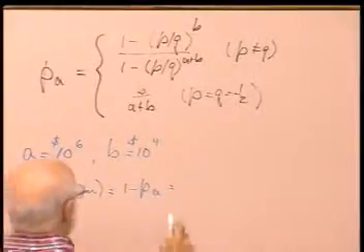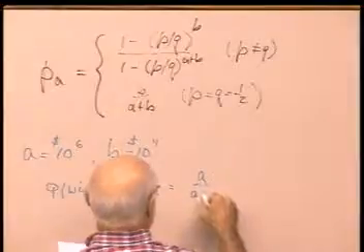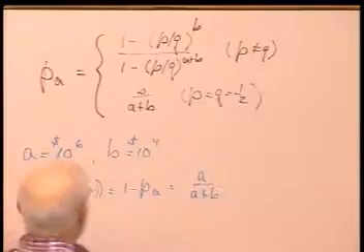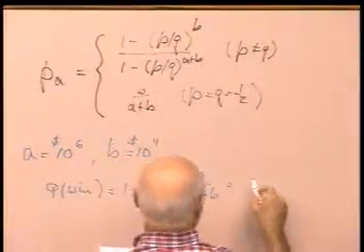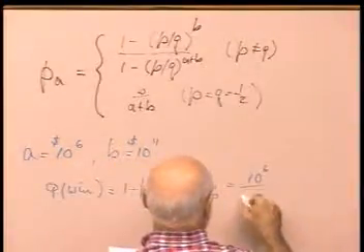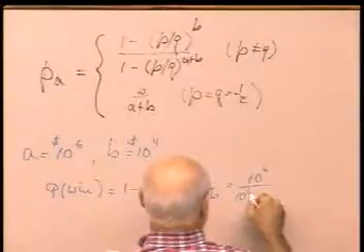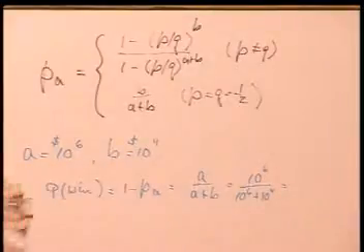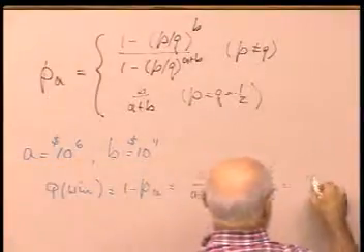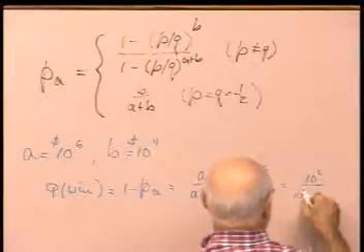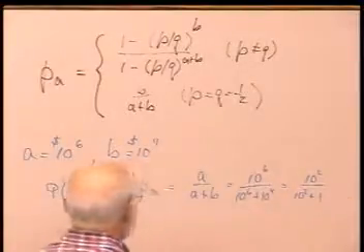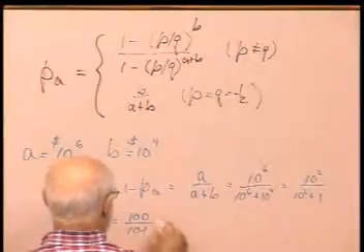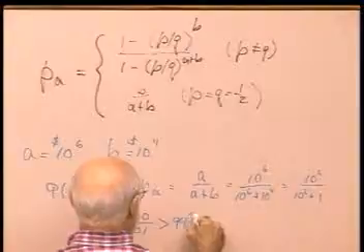So that would be equal to A divided by A plus B, because the probability of going broke is B over A plus B. And A is 10 to the 6th. So the denominator then is 10 to the 6th plus 10 to the 4. And now what I'll do is I'll multiply through here by 10 to the minus 4. So that gives me 10 to the 2 in the numerator and 10 to the 2 plus 1 in the denominator, which is 100 divided by 101, which is greater than 99%.